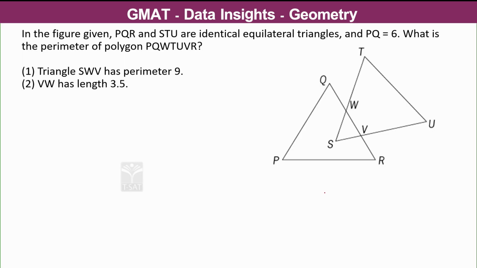In the figure given, PQR and STU are identical equilateral triangles and PQ is equal to 6. What is the perimeter of the polygon PQWTUVR? These are the points that come out. You need to find the perimeter of that.